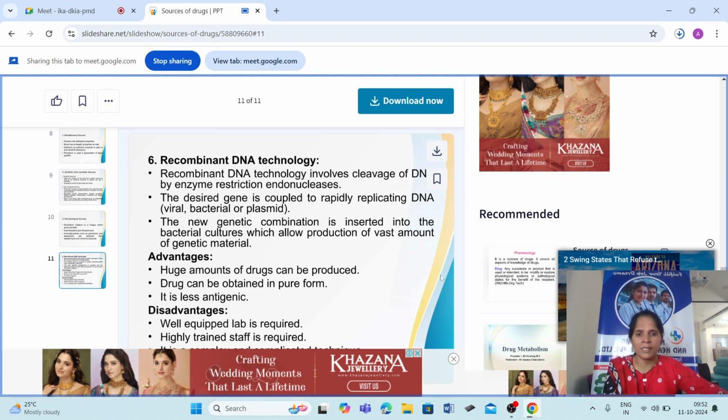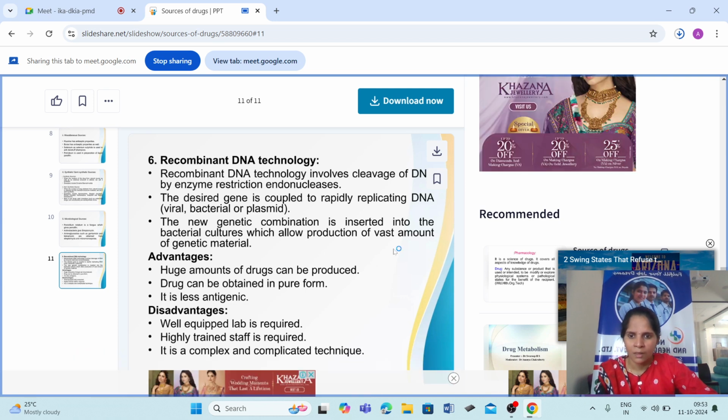See, whenever you are cutting any segment of the DNA, again it is going to replicate, in the sense it is going to add up the nucleotides and nucleosides, whatever nitrogen bases we have, that will be formed, everything will be done. Okay. Now, once you are attaching the new DNA segment to the old one, in the sense where you have removed a part of the DNA segment and you add a new DNA segment there, these two become a new genetic combination because previously the second DNA segment was not there, right?